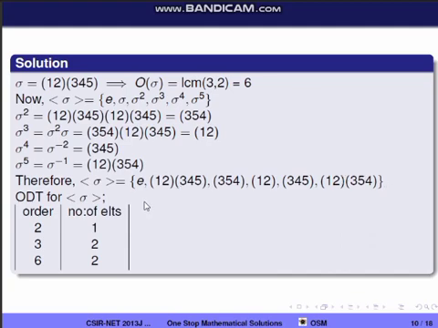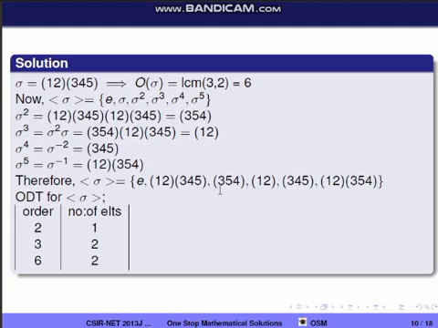Now we'll write the order description table for sigma. Here I have not included the identity. You know the identity's order is always 1, so I have not included that. All other elements are included in the order description table. So I am looking for the number of elements of order 2. When we check here, there is only one element of order 2. Now, the number of elements of order 3.